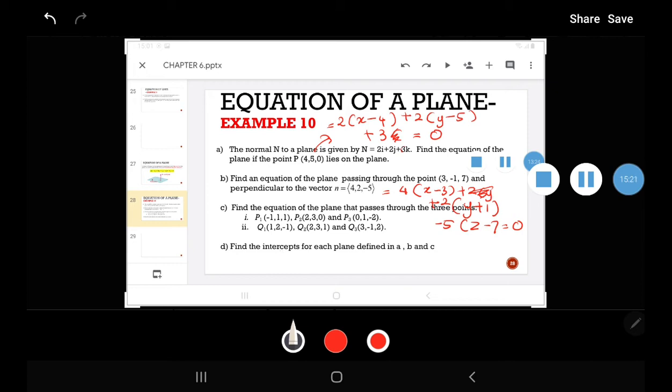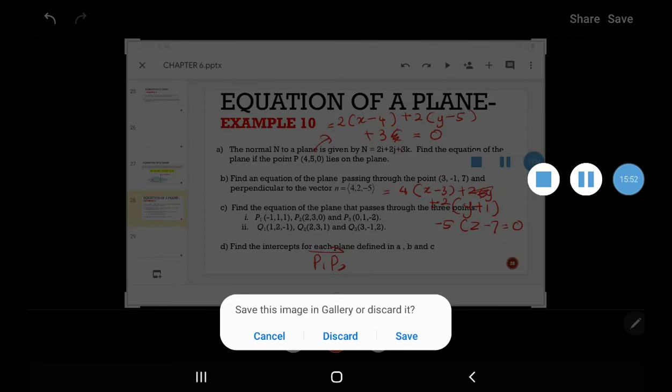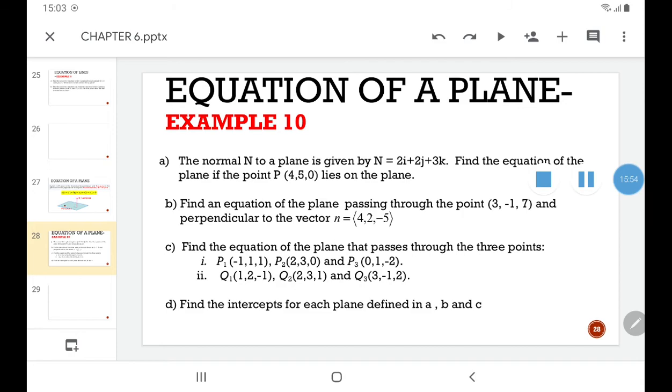So now we're going to do example 10c. In 10c, we have 3 points, and we want to find the equation of the plane that passes through these 3 points. Okay, we can see that we have 3 points here, but there is no vector. But no worries, we can find the vector when we do it like this, right?